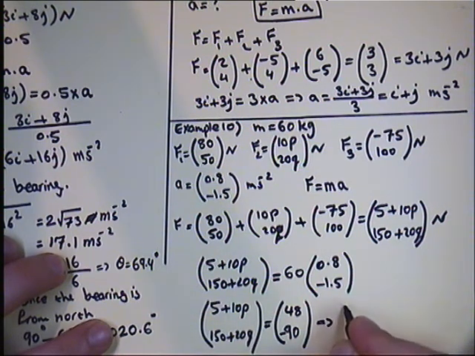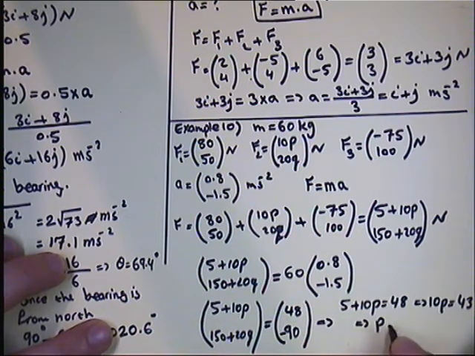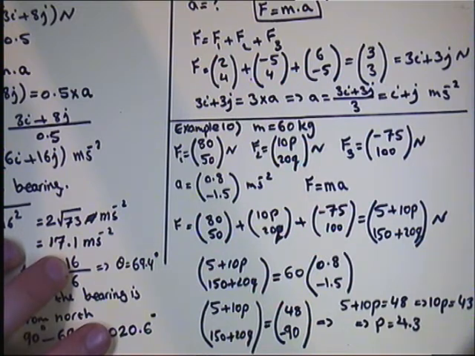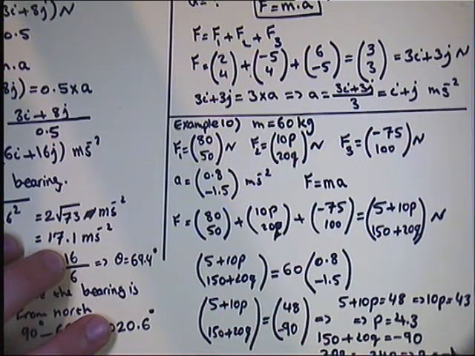Therefore, 5 plus 10p equals 48, so 10p equals 43, and therefore p equals 4.3. Similarly, 150 plus 20q must equal minus 90, so 20q equals minus 240, therefore q equals minus 12.